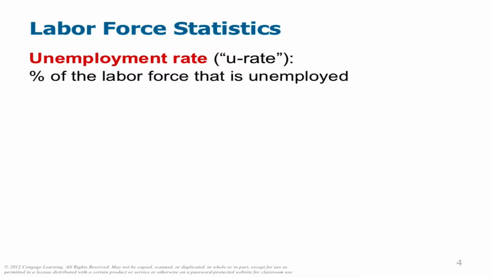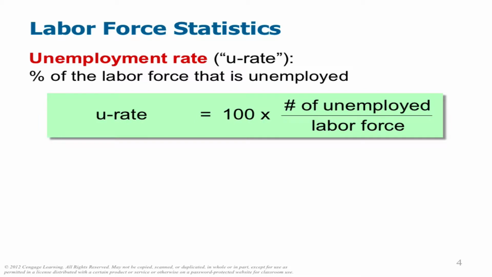It does not include those not in the labor force. So if you have been unemployed and have given up looking for a job, you are no longer unemployed. You just don't count. And a lot of times that's what happens when we see our unemployment rate decline. It's not that the people who were unemployed got hired, it's just that they gave up. And so they stopped being part of this equation.